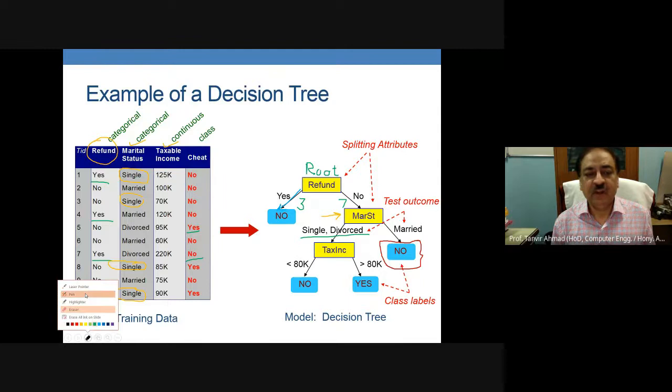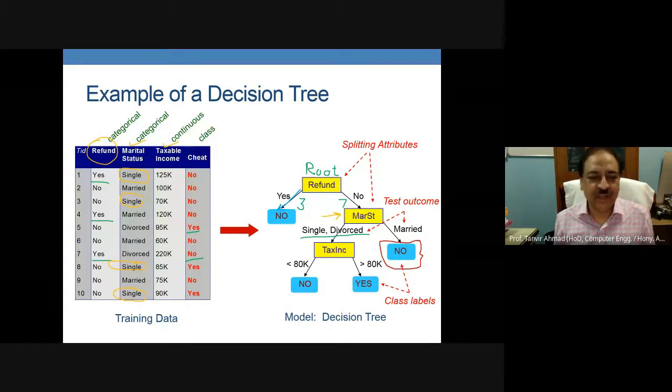Okay. Here is the catch, and here you have to check it very well. Now you find that taxable income is continuous valued, and if you check it, you will find how many different values there are. You see 125k, 100k, 70k, 120k. Each one of them has a different value.